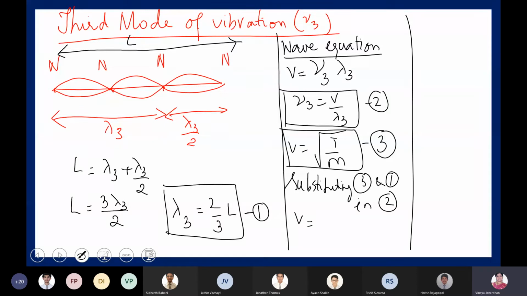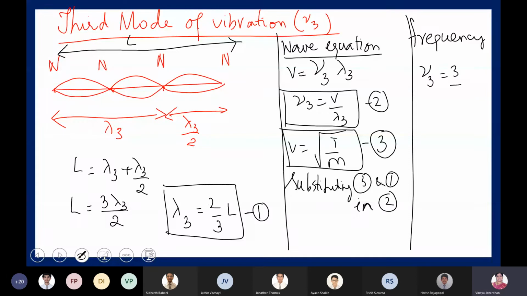What will you be getting? Will you do this? Get me an expression for the frequency of vibration, nu 3.